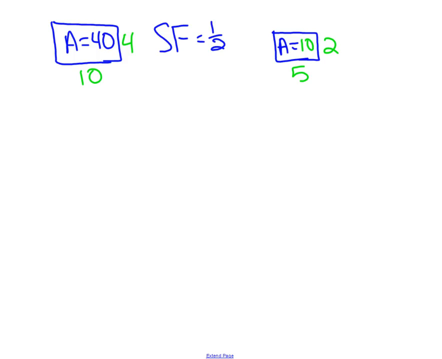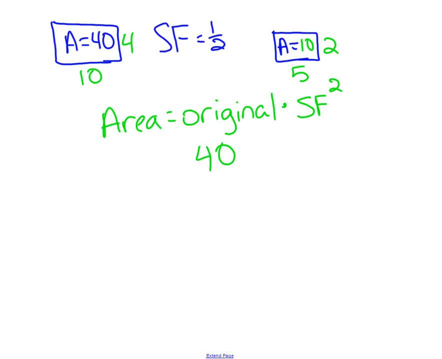What did we say? We're talking about area. It's the original times what? The scale factor what? Times itself, or the scale factor squared. So if we take the original area of 40, and the scale factor is 1/2 times itself, what's 1/2 squared?